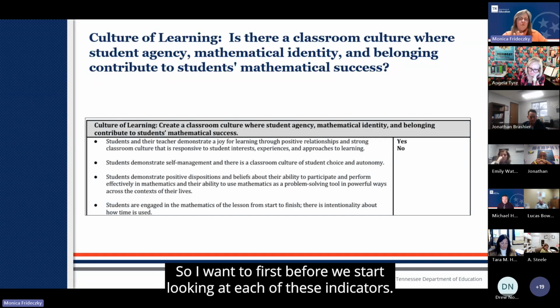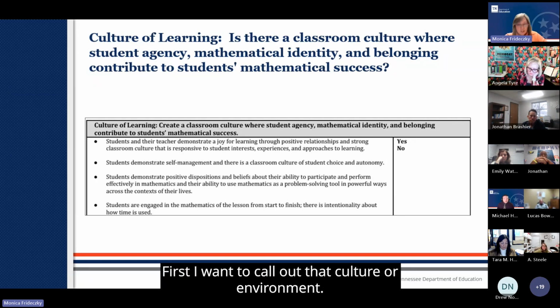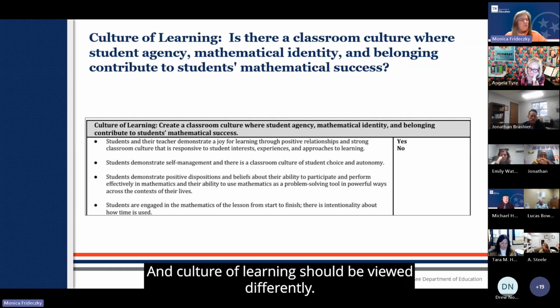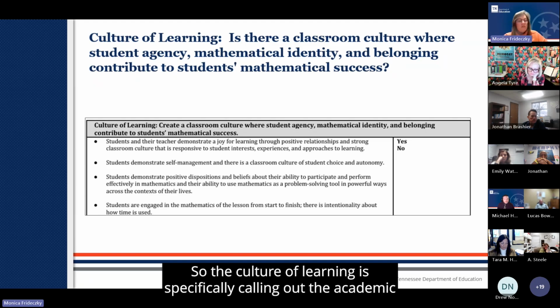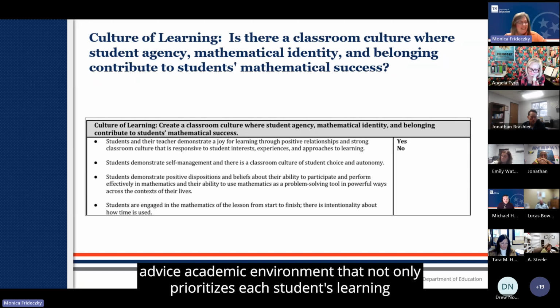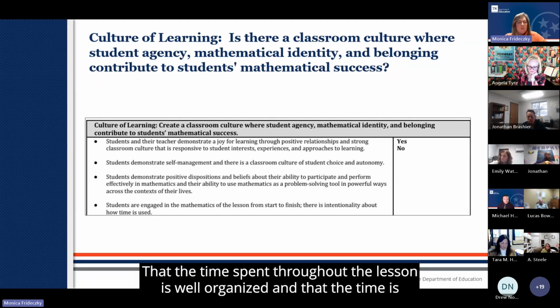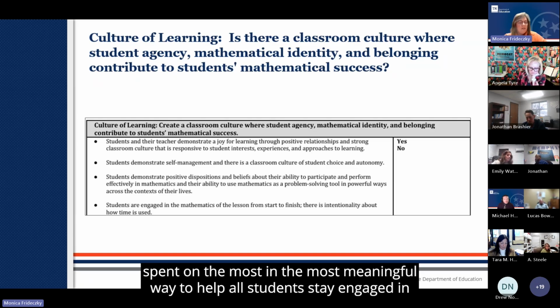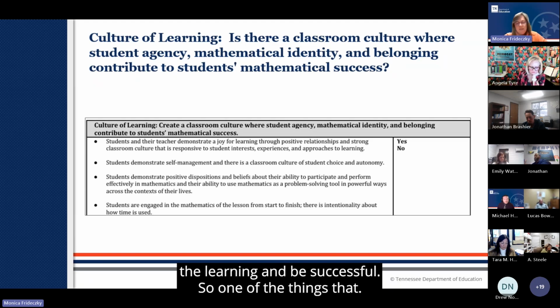Before we start looking at each of these indicators, first I want to call out that culture or environment and culture of learning should be viewed differently. The culture of learning is specifically calling out the academic environment that not only prioritizes each student's learning experience, but also ensures that the time spent throughout the lesson is well organized and spent in the most meaningful way to help all students stay engaged in the learning and be successful.